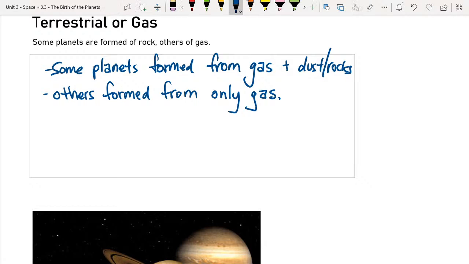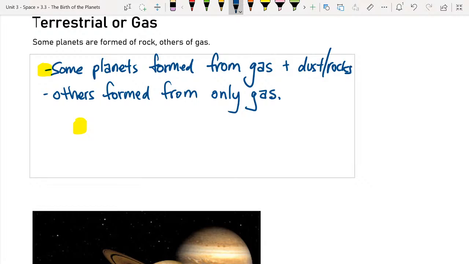And so we have terms for these. We call the planets that formed from gas and dust rocky. They're made of rock, like Earth. And what is the Latin name for Earth? Does anyone know? Nope, Latin. Isn't it like Terra? Very good. Terra is the Latin name for Earth, for rocks.